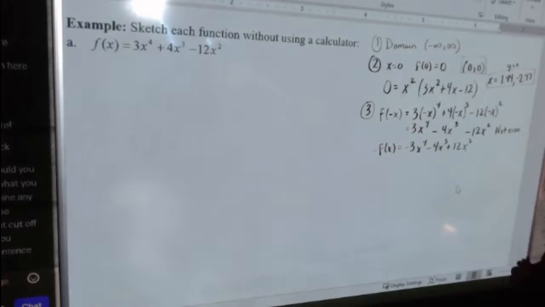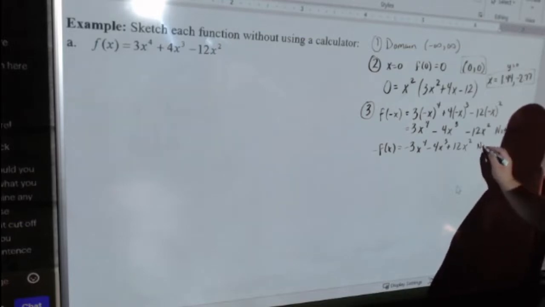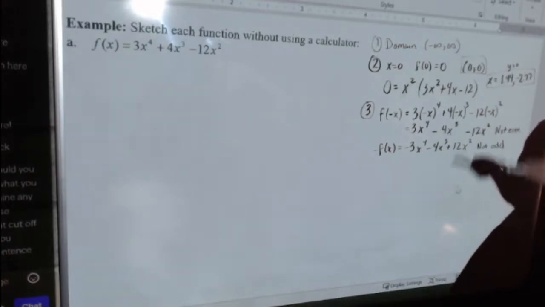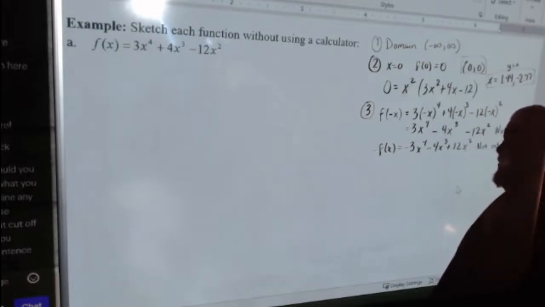So that tells us it's not odd either. So there is no symmetry here. So far we've got the domain, we've got where we touch the y-axis, where we touch the x-axis, and that there's no symmetry.